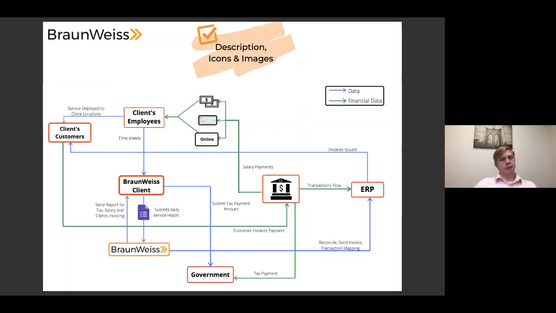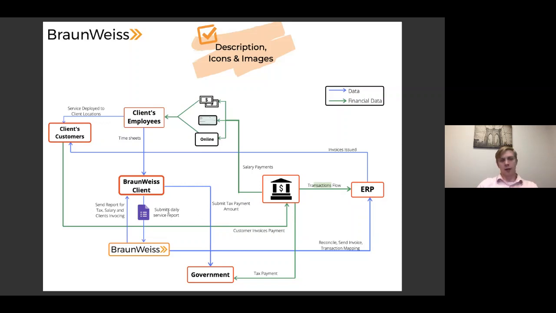The last and final step to add to any process flow is a short description, icons, and images. With your description, you really want to keep it short and to the point. The description is great because any bystander who comes by can say, oh, this line clearly represents salary payments, and this line clearly represents transactions from the bank that are getting recorded into the ERP. And then the next thing is adding those icons, which adds that final element of user friendliness and user engagement.